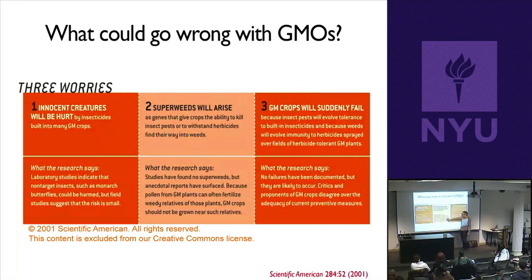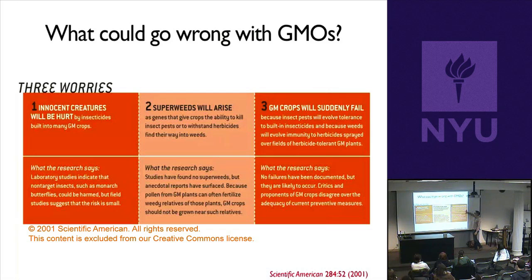But also, pollen from genetically modified plants can often fertilize related plants that are weeds, right? Plants that like growing in the same conditions as the plant you're trying to grow as a crop. And so the idea was, well, maybe you can try and segregate that. You can not plant genetically modified crops near where there's a reservoir of these relatives that might become serious weed problems.